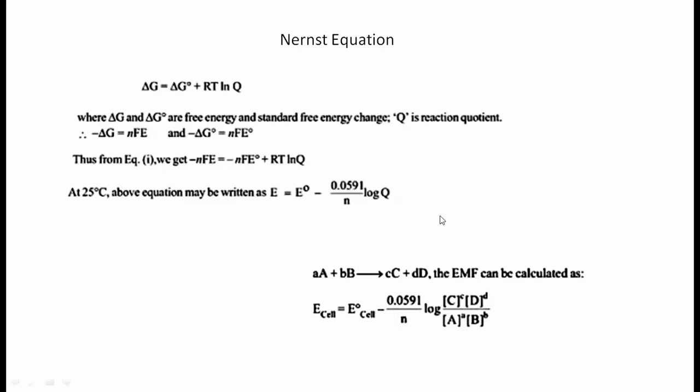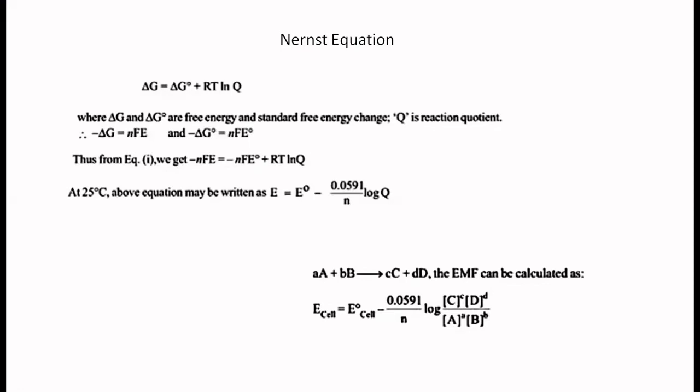So generally in the Nernst equation, you are going to write it in this form. That is E cell is equal to E0 cell minus 0.0591 divided by n log of anode concentration divided by cathode concentration. In the previous cell, the one which I showed you, zinc electrode and copper electrode were connected together and zinc is acting as anode, copper is acting as cathode.